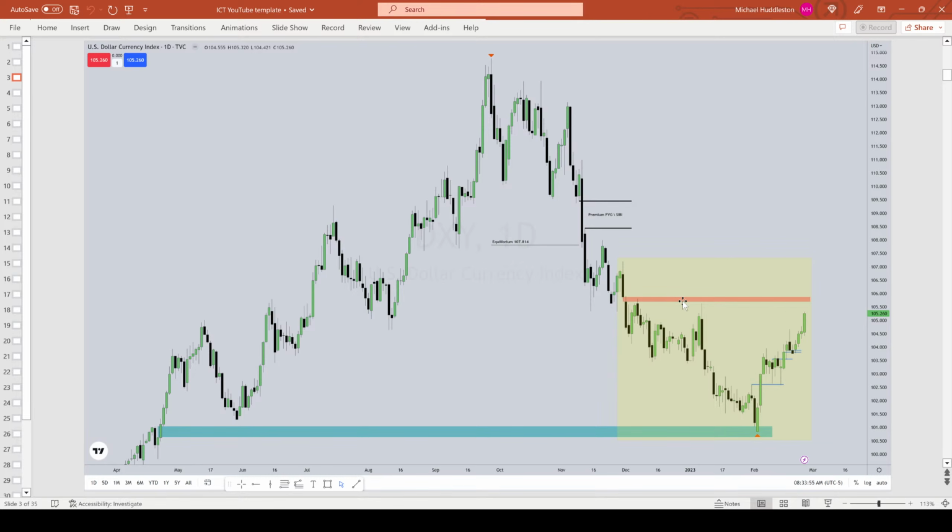So what's up here that's interesting to me? Well, inside this area here, and we're going to go in tighter with this yellow shaded area in a second, but before I do, let me make mention of where we are in terms of the range. From this high down to this low, here's equilibrium to that range, halfway.